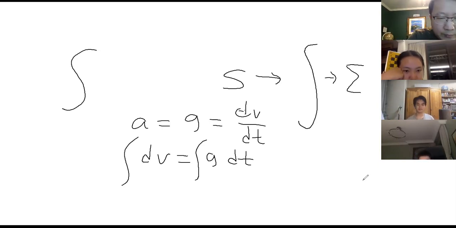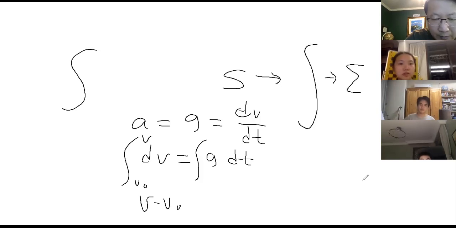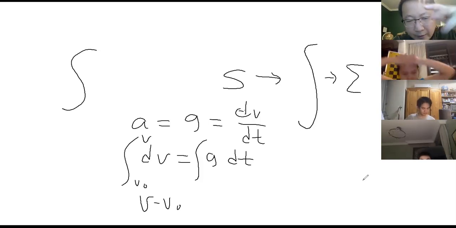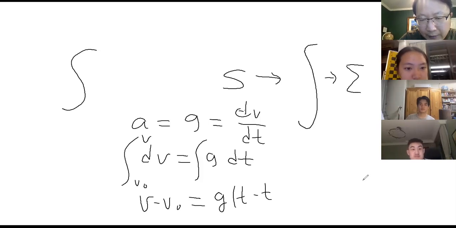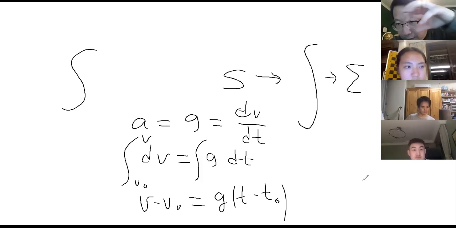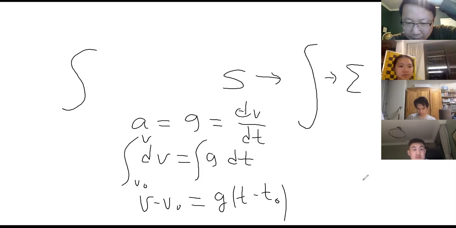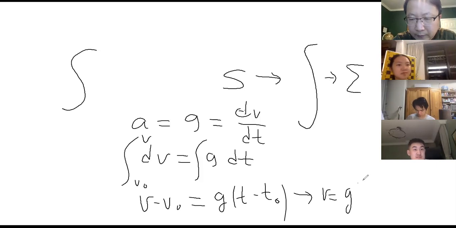Going through the reverse process, this becomes v minus v0, because it goes from v0 to v, and v0 is zero in the beginning: when I release the ball, it is at zero speed. This one goes into the constant times t minus t0. t0 is also 0 when I release. That gives you v equals gt. Got it?